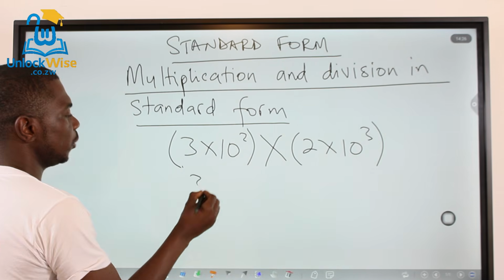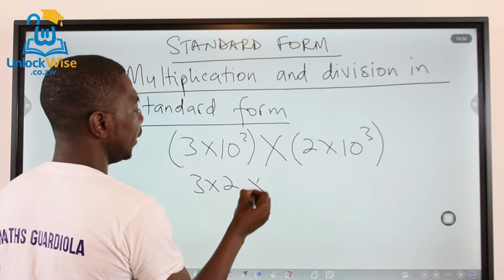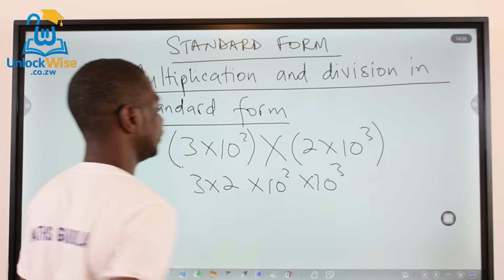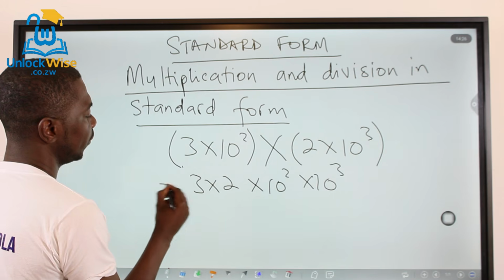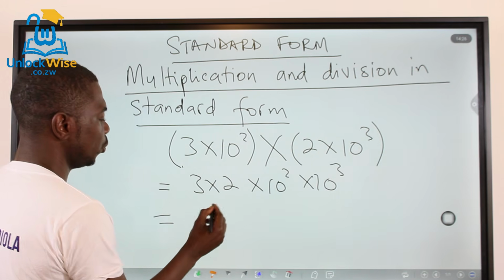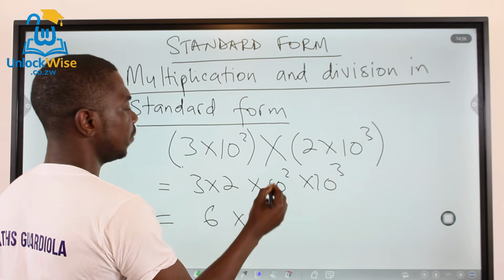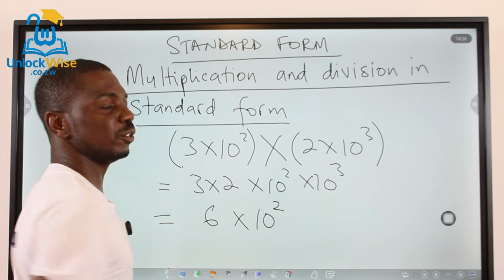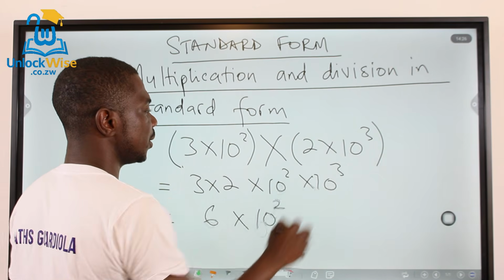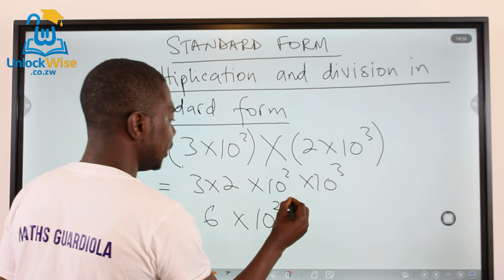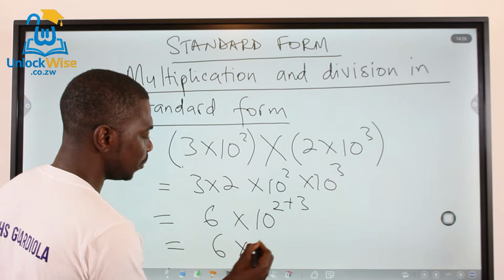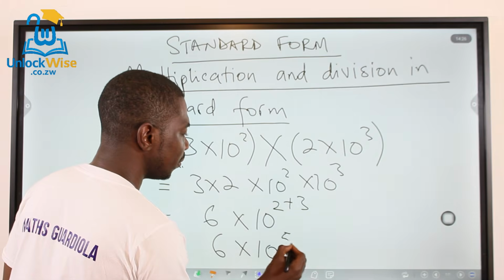So we are going to have 3 times 2, which is 6. Then we have 10 to the power 2 being multiplied by 10 to the power 3. So when the bases are the same and we are multiplying, we add the powers, right? So we are going to have 6 times 10 to the power 5.